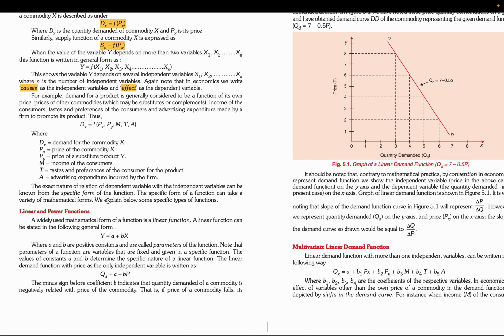The exact nature of relation of dependent variable with the independent variables can be known from the specific form of the function. The specific form of a function can take a variety of mathematical forms.